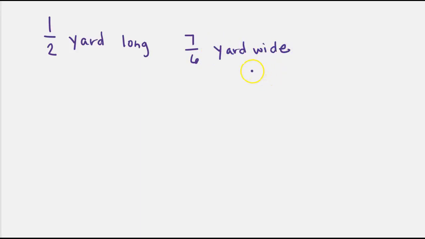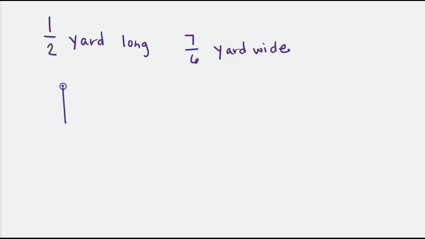So a small rug is half of a yard long, and it is 7/6 of a yard wide. I want to write and solve an expression or an equation to find the area of this rug.